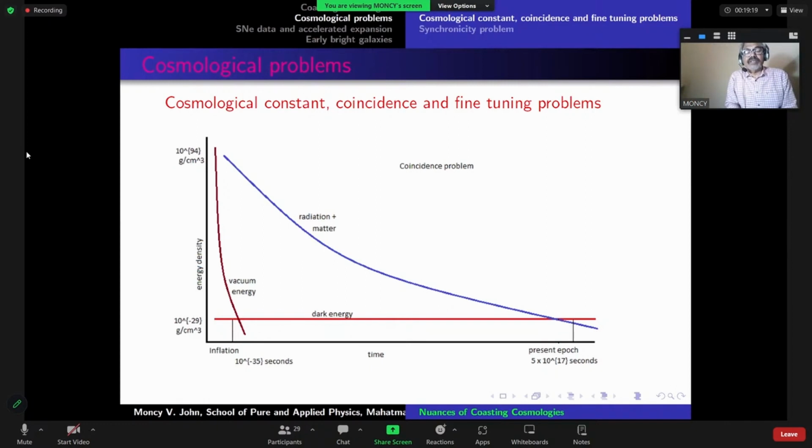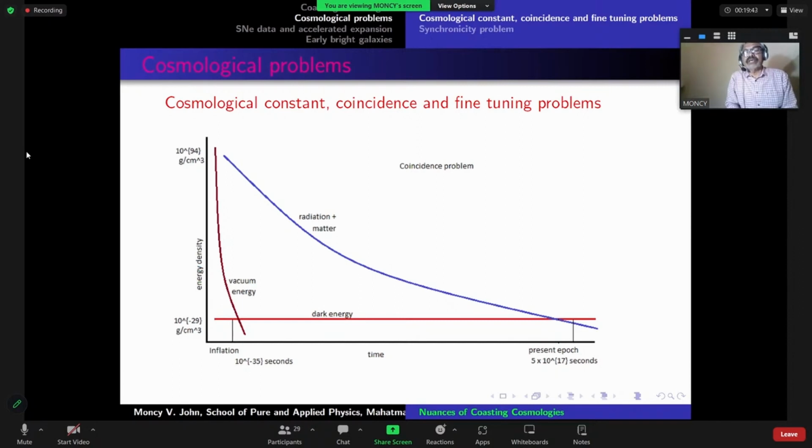And that is in the very small time of inflation, of the order of 10 to the power minus 35 seconds. But thereafter, this vacuum energy, or the lambda term or the dark energy, with this very small value, should continue as a constant, as in the red line, and only in the present epoch are they nearly equal.